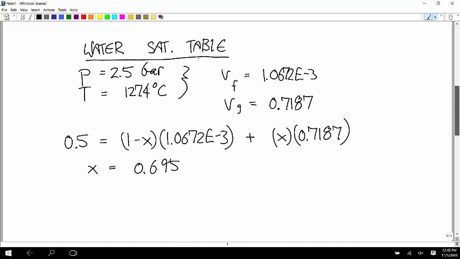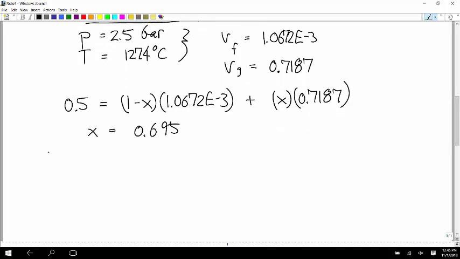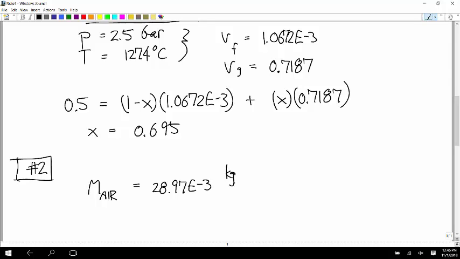Okay, so for this one, we're treating air as an ideal gas, and it has a molar mass of 28.97 times 10 to the minus third kilograms per mole.